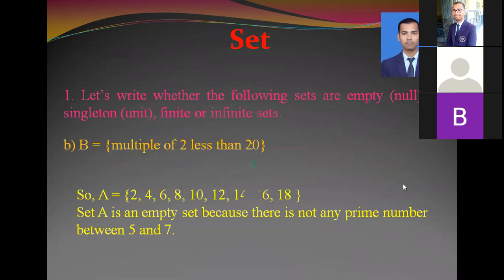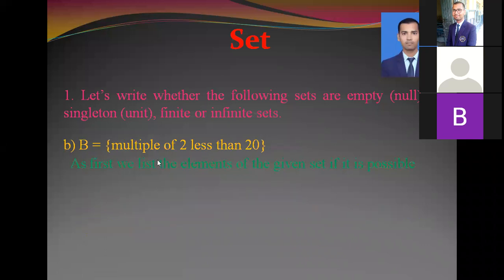Then we have a question here: B is equal to multiples of 2 less than 20. Again, the question is given in descriptive method.